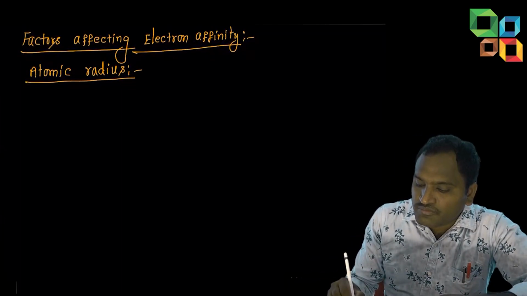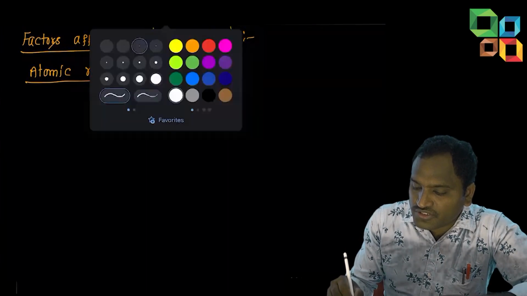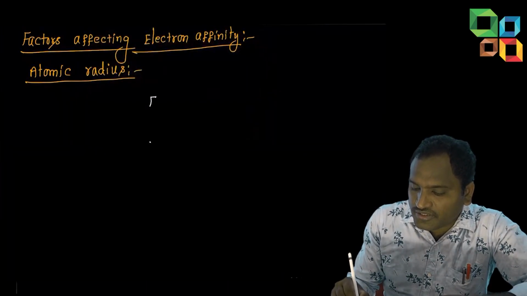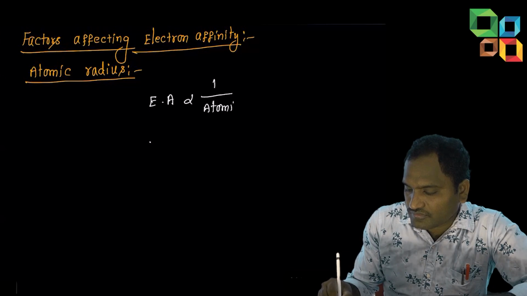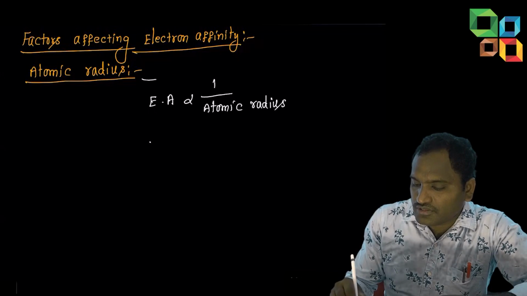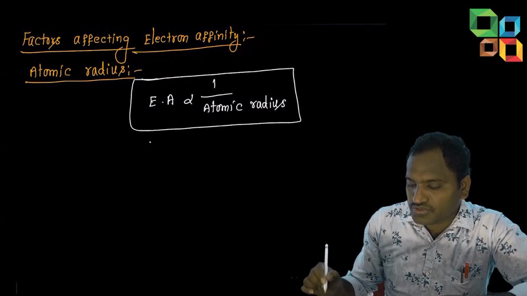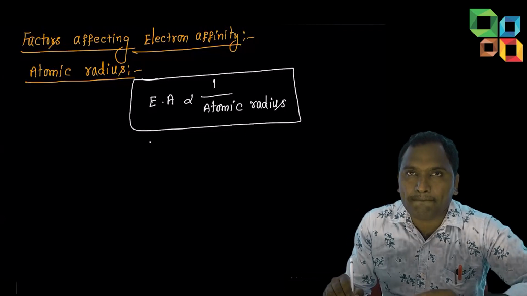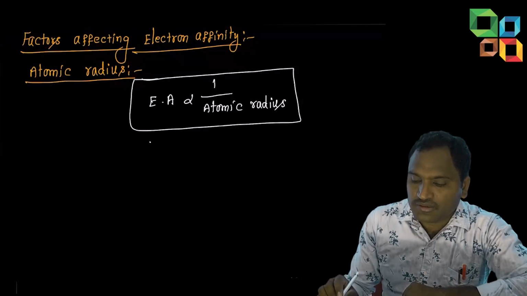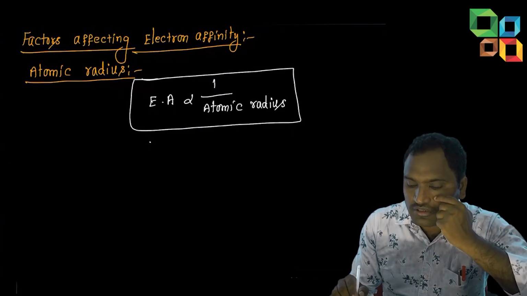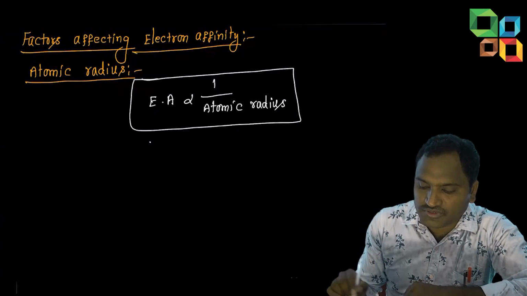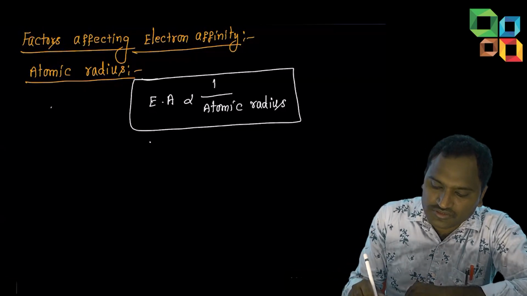From this we can say electron affinity is inversely proportional to atomic radius. But the problem is in groups and periods; while explaining that I'll tell you the exceptions. Generally, you put this general point here.